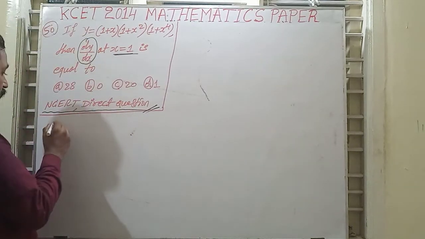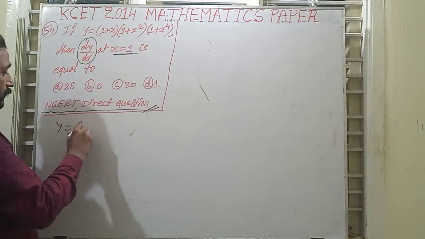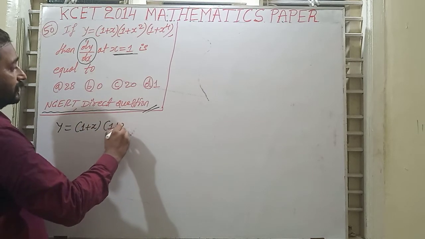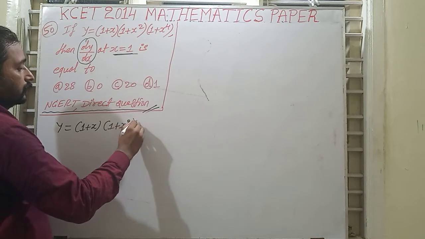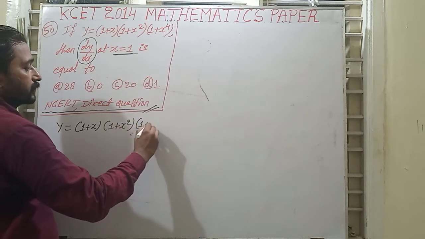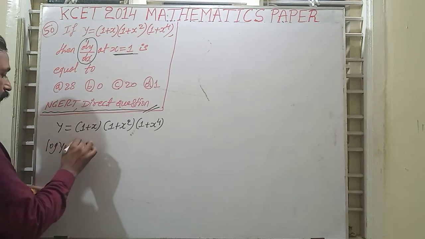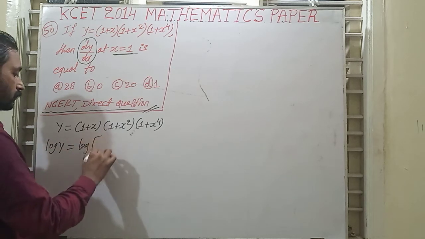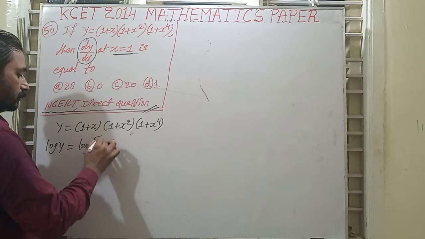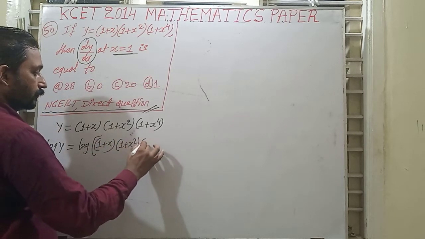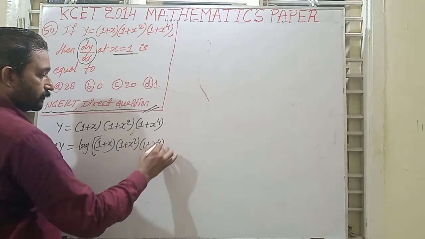Take first step, y is equal to (1 plus x) into (1 plus x square) into (1 plus x to the power of 4). So log on both sides. Log y is equal to log of (1 plus x)(1 plus x square)(1 plus x to the power of 4).